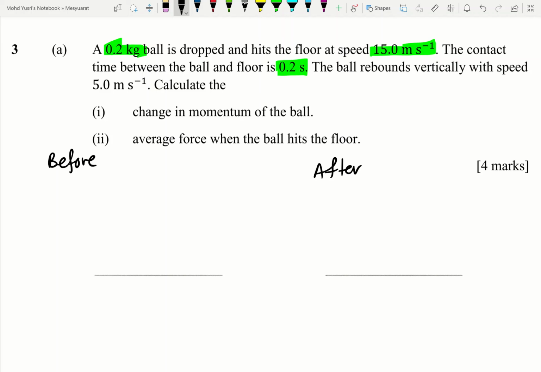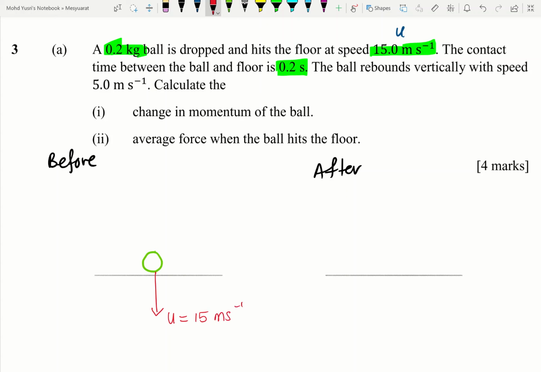First of all, the ball is dropped and hit the floor with speed 15 meter per second. So 15 meter per second is actually U. Okay, bola dijatuhkan dengan velocity 15 meter per second. The contact time between the ball and the floor is 0.2 second.